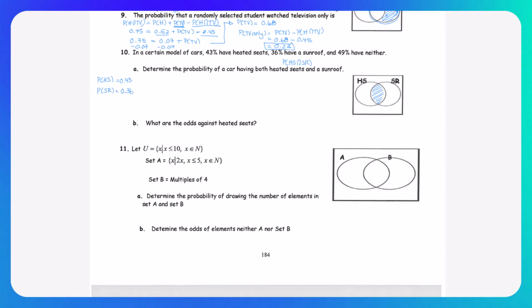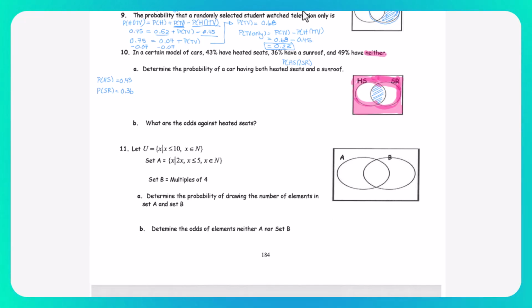And the probability of neither, well, that's actually all that region outside of here. Okay, so outside of the union of these two things. So we're actually looking for all this outside of here. I know we're kind of going over the lines a little bit there. Everything outside of the union is what we're talking about when we talk about neither.